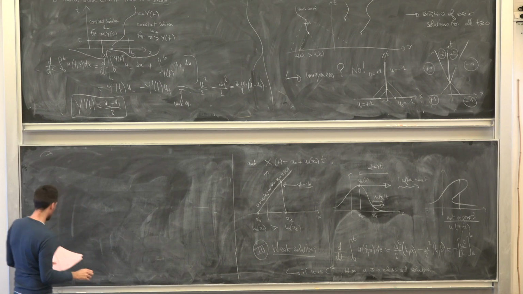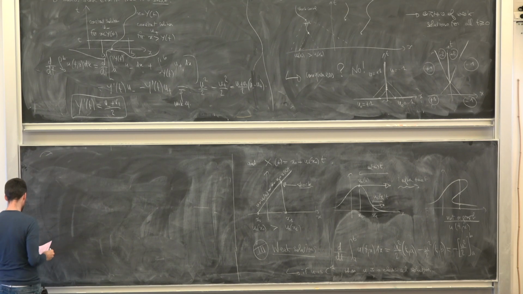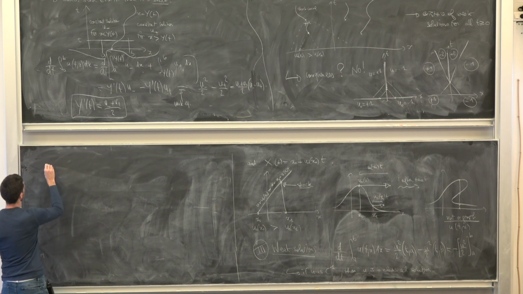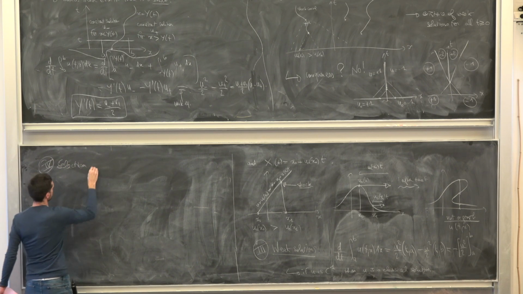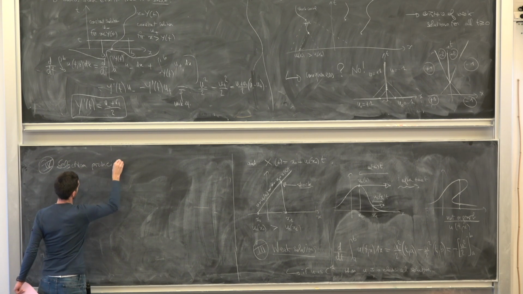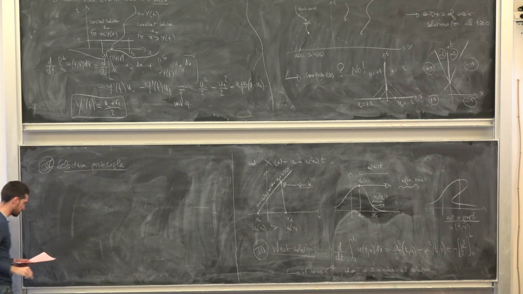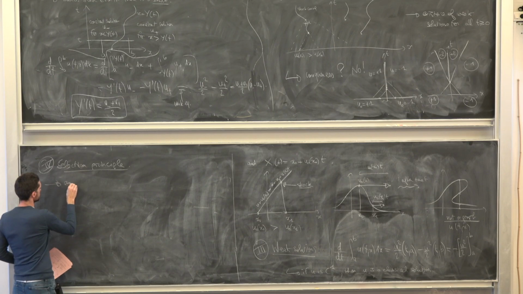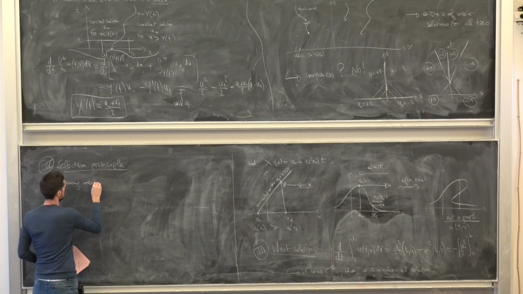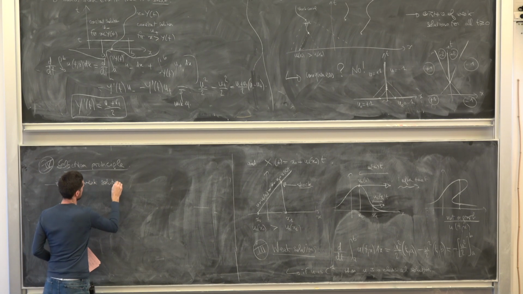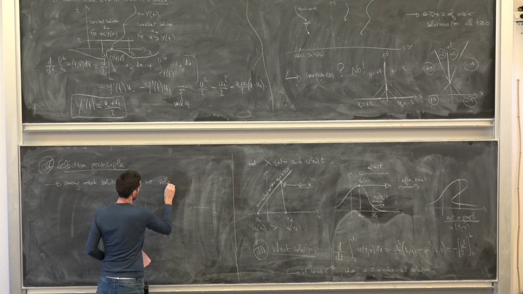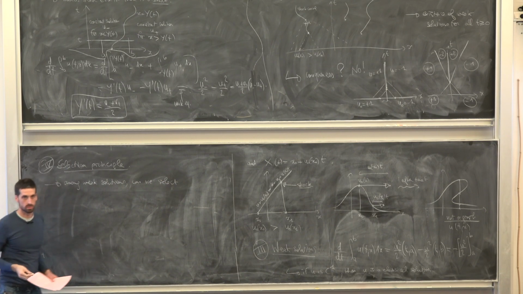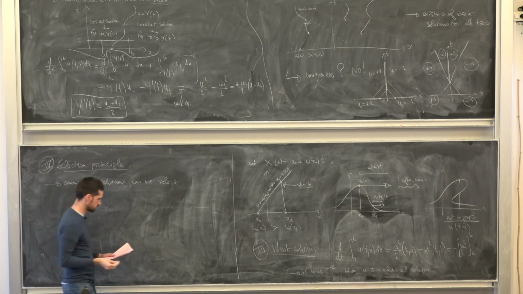So that's the second part of my title. What you want is a selection principle. What do I mean by that? Among all your weak solutions, can we select a single one that actually describes what you want to describe?